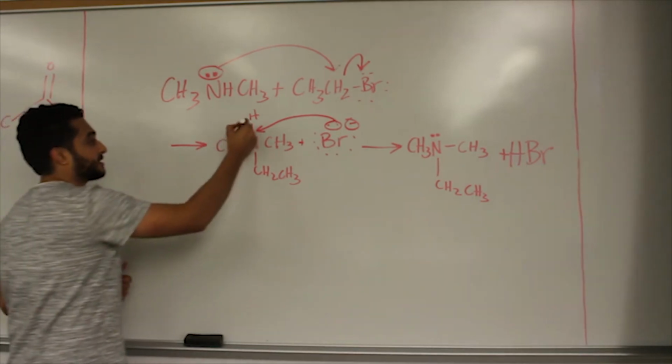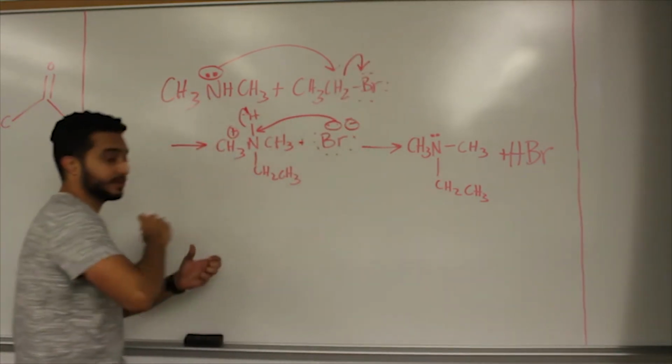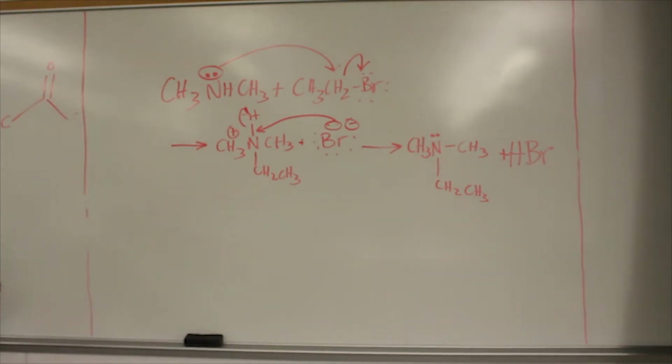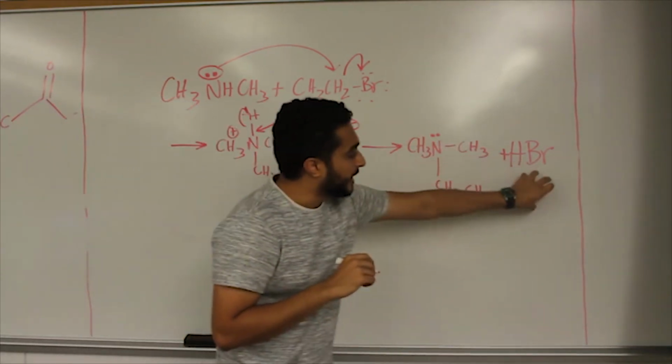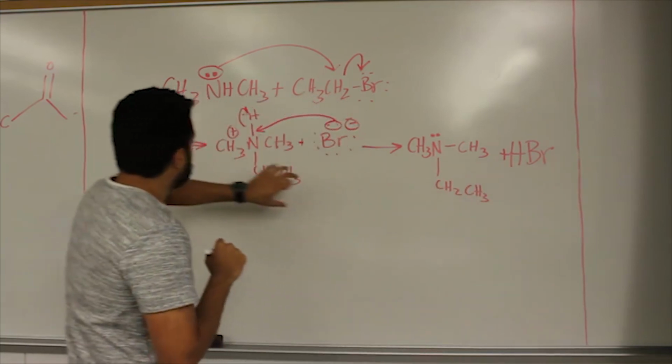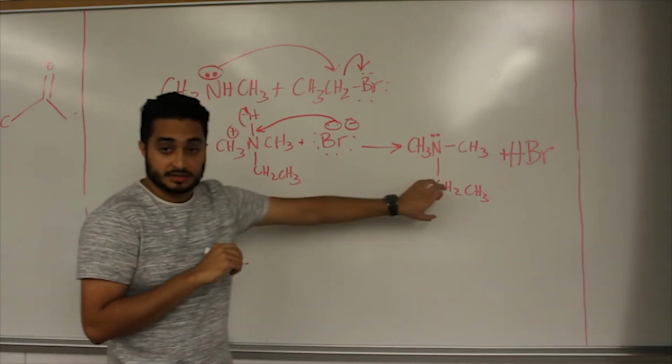You put an arrow upon itself, just like how we did over here, to show that it's detaching from that group. So once we show that, this H will come and combine with the bromine, and this group will be left as is.